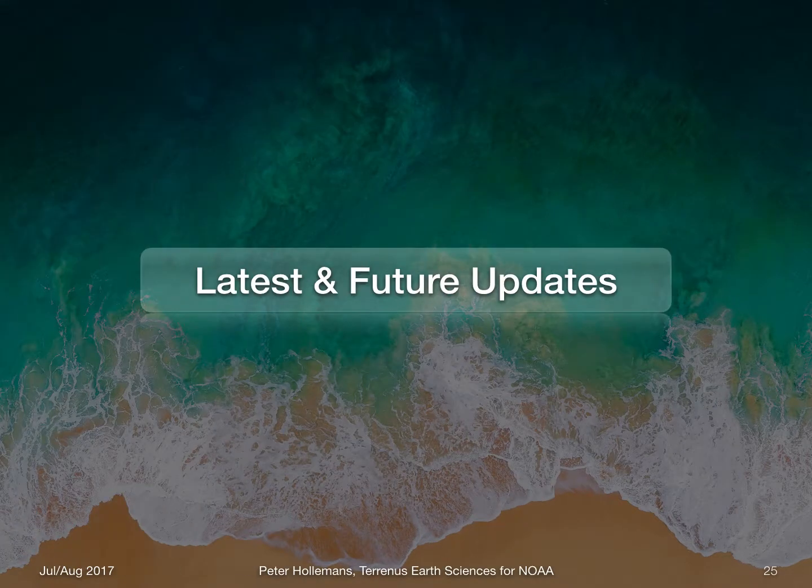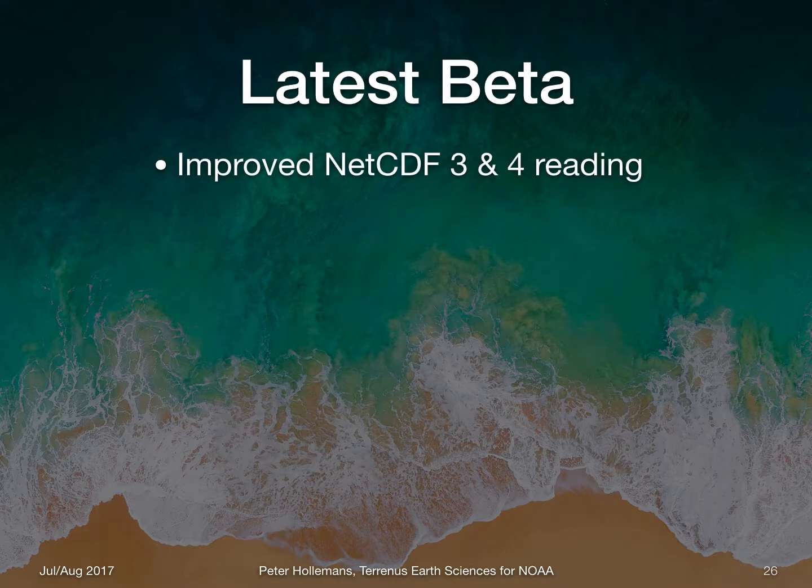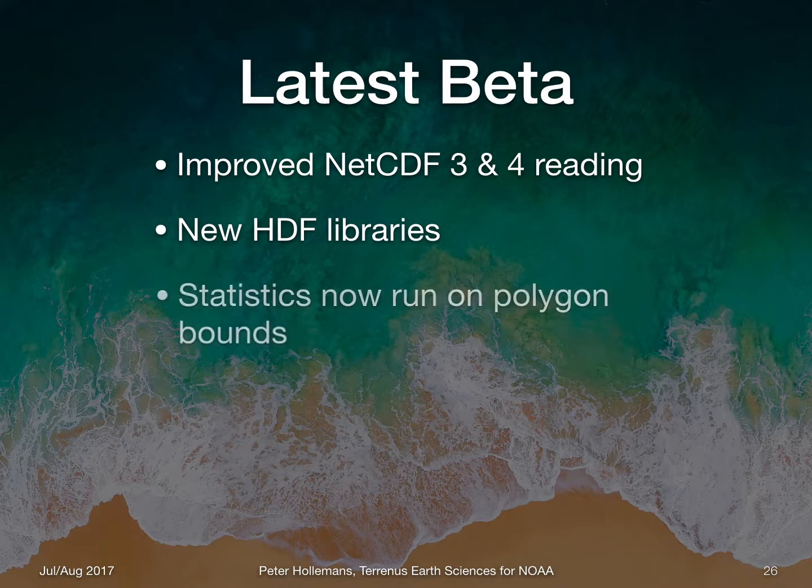So, some of the latest updates to the software and future updates. Our latest beta version has very much improved NetCDF 3 and 4 read support, bug fixes, and enhancements to handle specifically the CF metadata from THREDDS servers and from the ERDDAP server. New HDF libraries, the newest available.